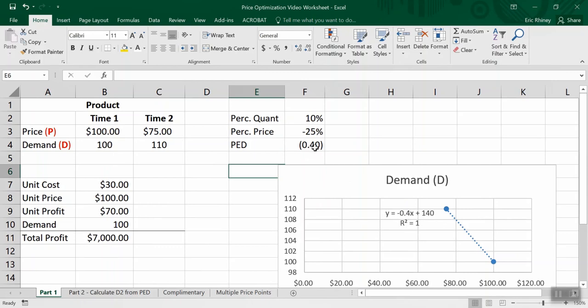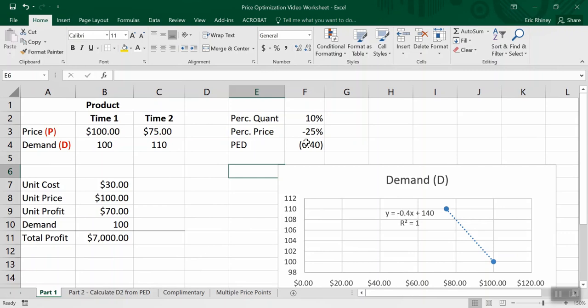But there are a lot of industries where price elasticity of demand has been calculated. So you can go find a price elasticity of demand for an industry, for particular products, and depending on the industry, you might be able to get down to certain types of products.